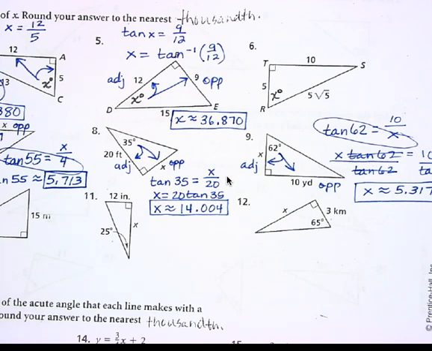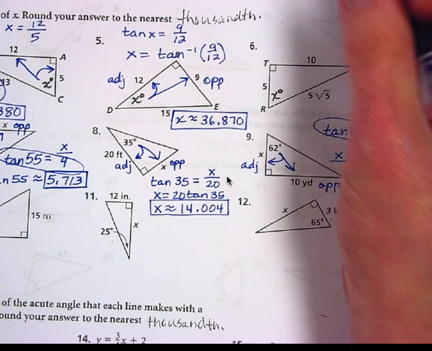Okay, so when you're looking for an angle, you use tangent with the little -1, so that's inverse tangent. And when you're looking for a side, you use the regular sine, cosine, or tangent. Okay, so you're going to write that on here.